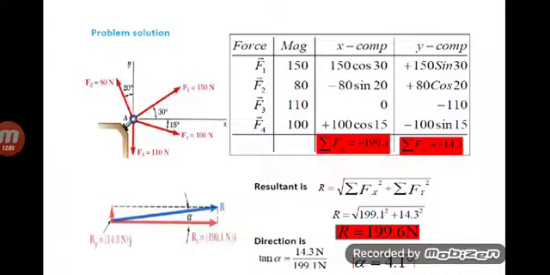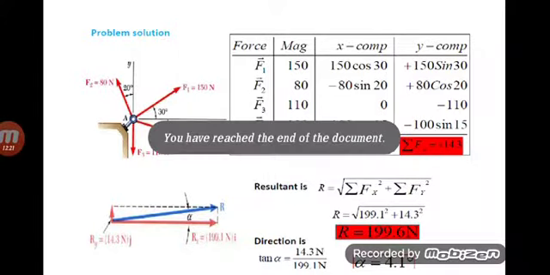Like that you can find tan alpha, then from that you can find alpha. So the resultant force is 199.6 Newton, and that force is acting at an angle of 4.1 degrees.